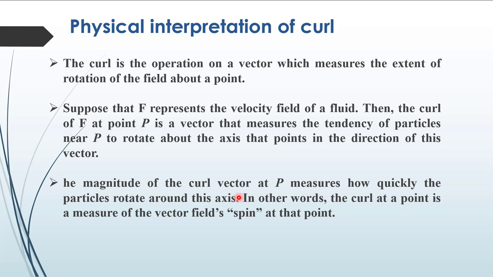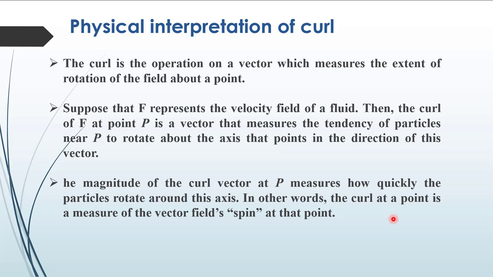The magnitude of the curl vector at point P tells us how quickly the particles rotate about this axis.